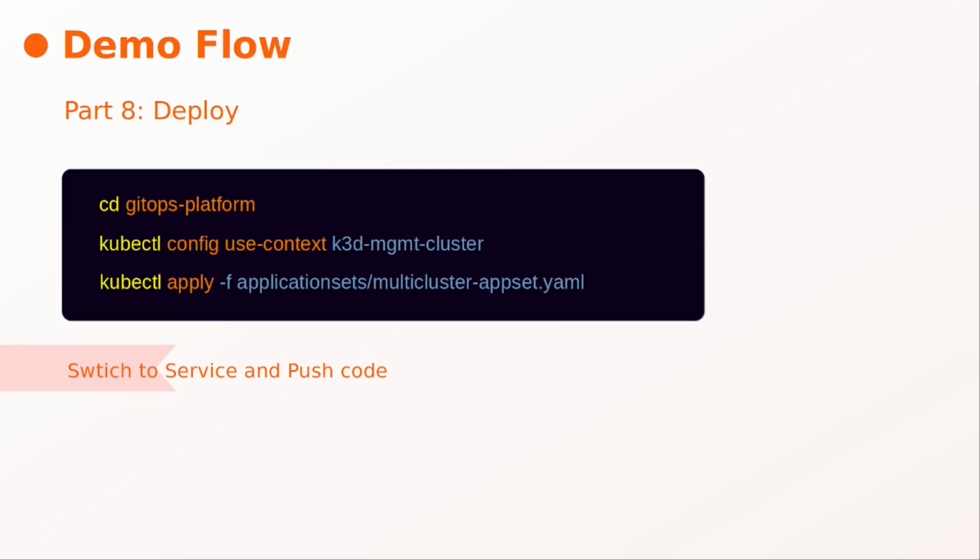This triggers the CI/CD pipeline, which builds a Docker image, pushes it to the registry, and updates the GitOps repository. ArgoCD detects the change and automatically deploys the new version to the appropriate cluster. Argo Rollouts then handles the release using a canary strategy.